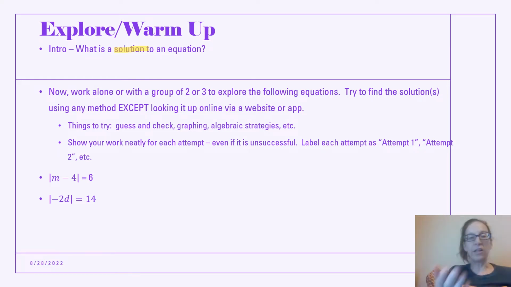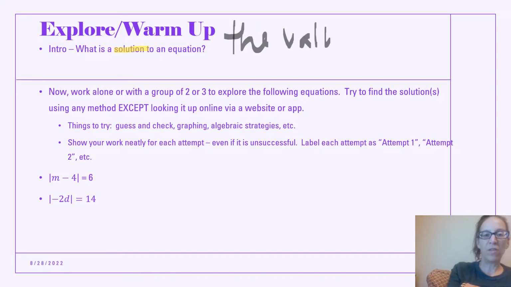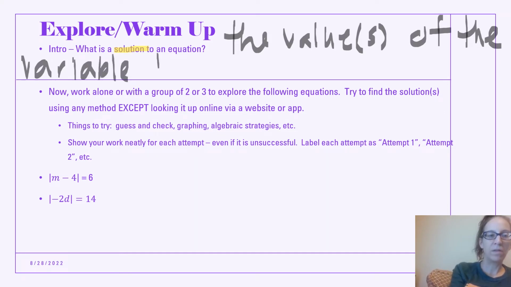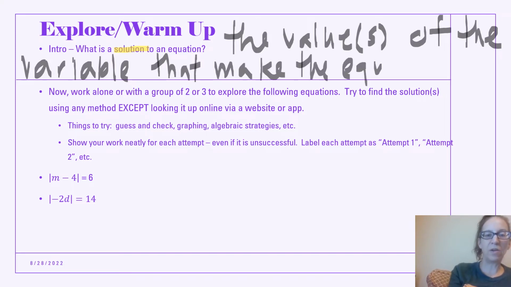And so to go over what is the solution here, the solution to an equation, any equation. Notice it doesn't say a linear equation or absolute value equation or anything. It's just what is the solution to an equation? Any equation. It is the value or values, because there can be more than one, of the variable that make the equation true.